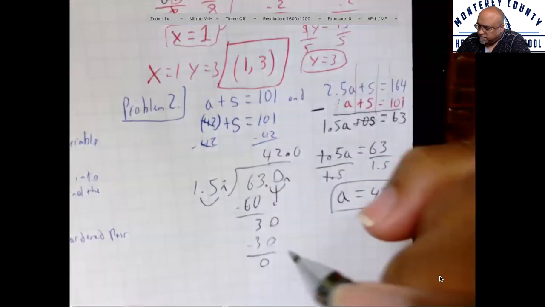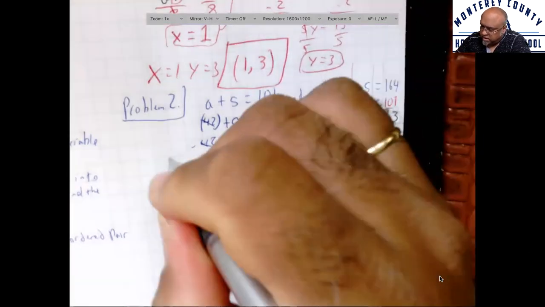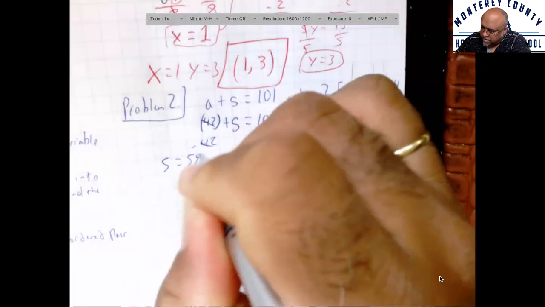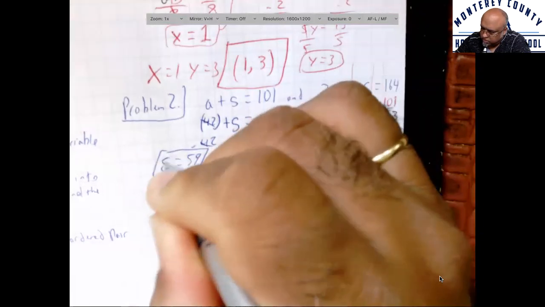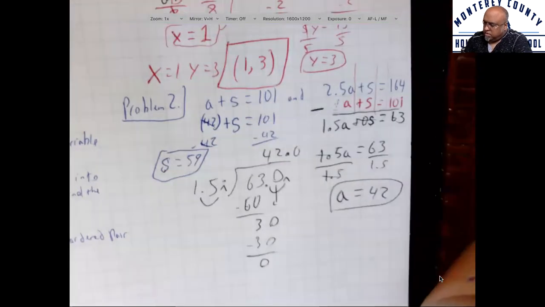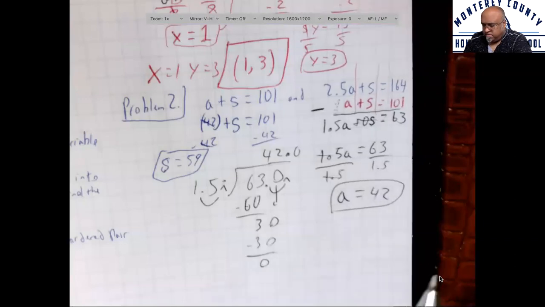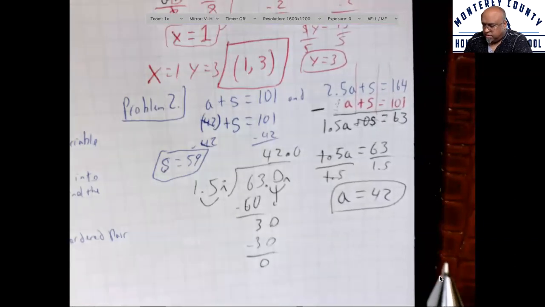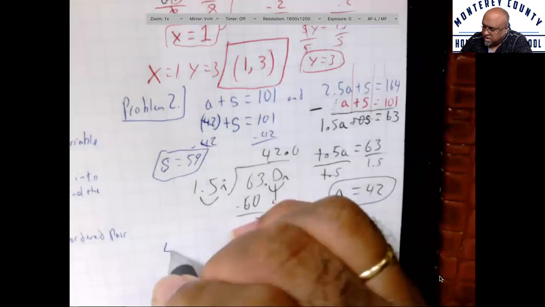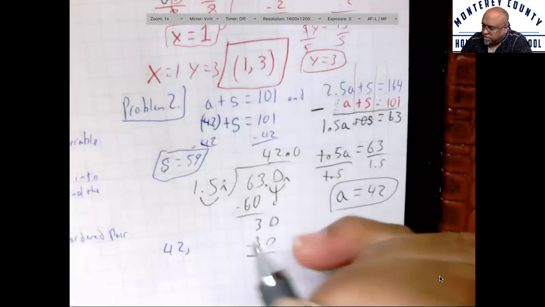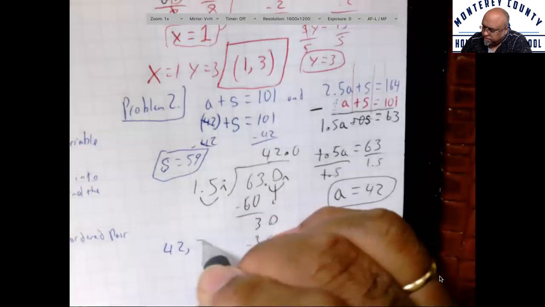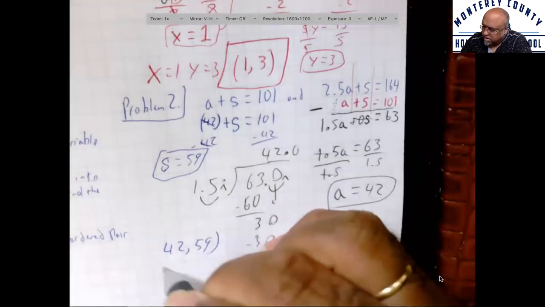Okay, so then the value of s is equal to 59. Okay, so we again would write this as an ordered pair. Now it's not 100% clear, is a your x variable and s your y variable, but I'm just going to go ahead and assume that. And the answer is the ordered pair 42 and 59.